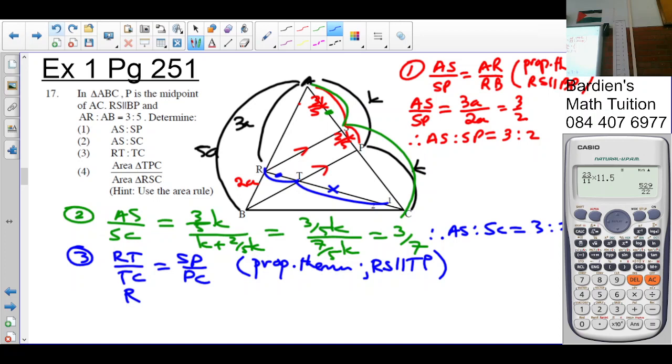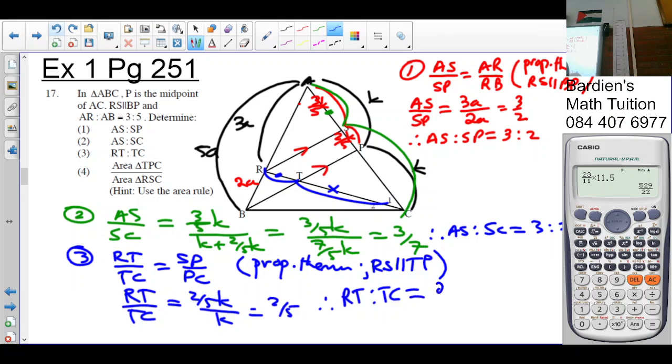So RT over TC is SP, 2 over 5K, over PC, which is K. Is that correct? It's 2 over 5. In conclusion, therefore RT is to TC as 2 is to 5.